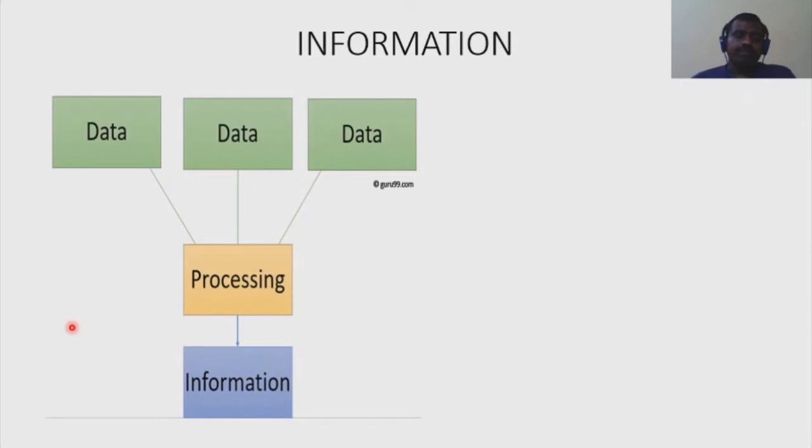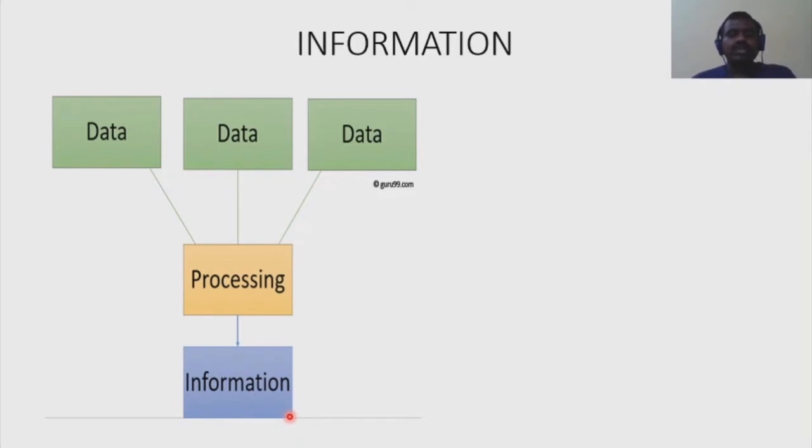In this slide, we will learn about information. Information actually comes from data. Here you can see in this diagram, consisting of data, data, data. When we apply processing, the data is processed to give us meaningful information. That is what is called information.